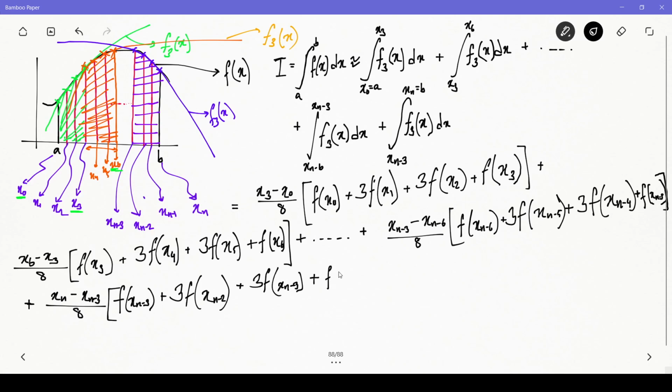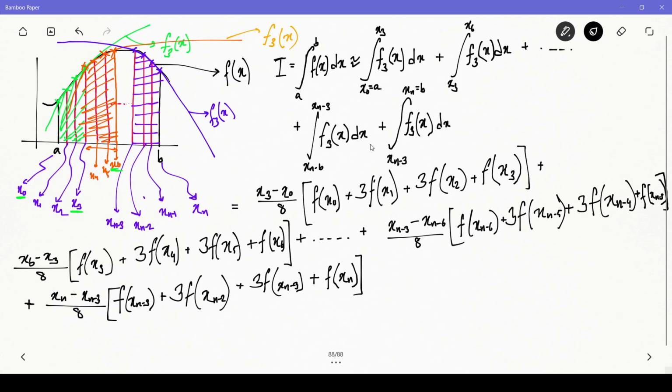Last term, right? f of xn, the functional value at the upper limit, the value b.